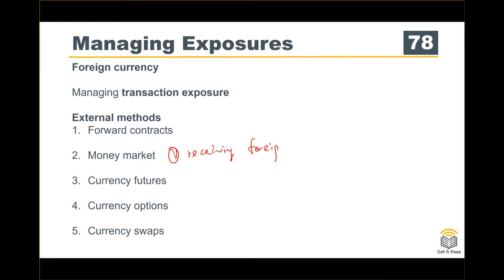It's very important, because if you forget to set the right position, you will make wrong steps, also the wrong answer. So you have to identify whether you are paying foreign currency at a future day or receiving foreign currency at a future day.